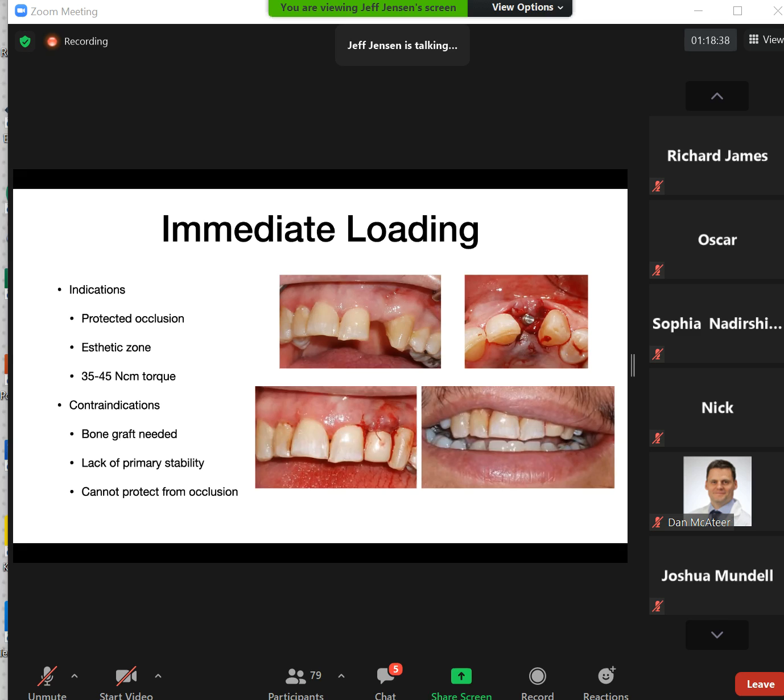The contraindications here would be if you need to do a big augmentation on it. If the implant needed bone grafting right away at the time you placed it, you're probably not going to temporize right away. Again, obviously lack of primary stability, and if you cannot protect the occlusion, so you don't want it being the main tooth occluding in function.